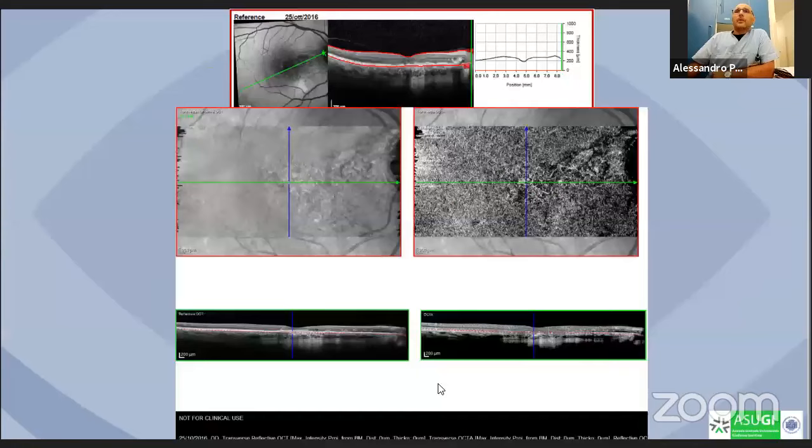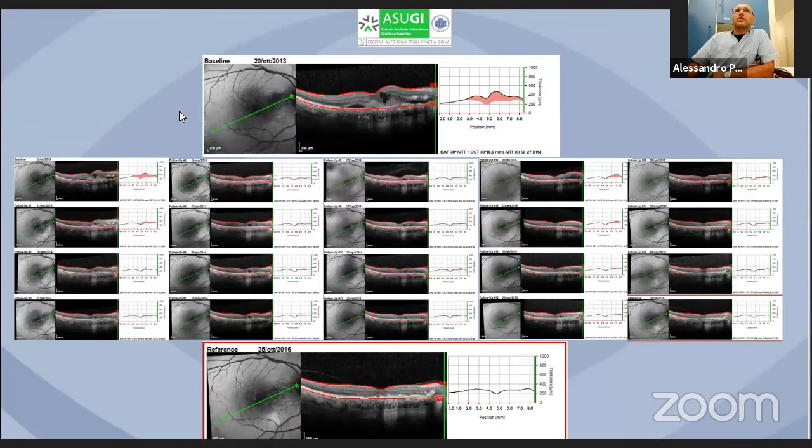This was the follow-up of this patient with the OCT structural B scan with Heidelberg, from 2013 to 2016. And we see here this CNV that we appreciated before on fluorangiography and ICG that responds to treatment with anti-VEGF; the subretinal and intraretinal fluid disappears and comes again according to the treatment.